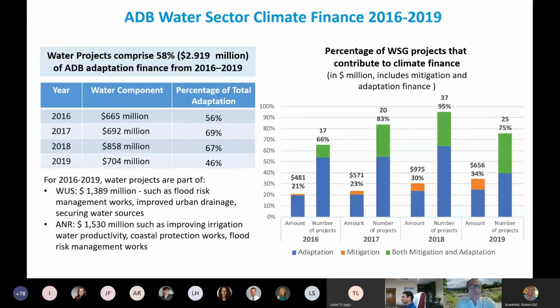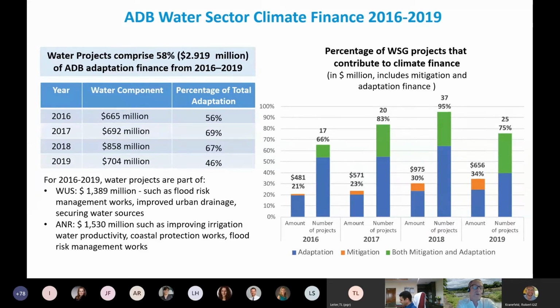So this is looking over the last 4 years in terms of climate finance. So this whole methodology, where does it end up? If you look at just purely adaptation, we're about 60% of what ADB does in the adaptation finance.